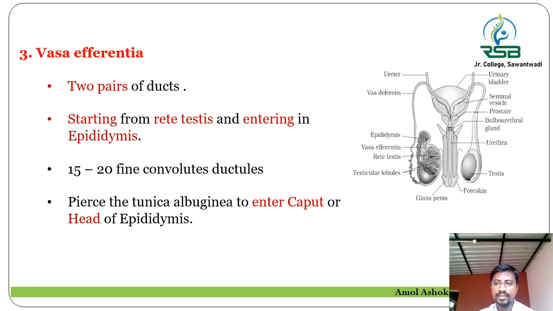Here one testis is there, here another testis is there. From each testis, a pair of ducts arises, starting from the rete testis, and then it enters into the next part, that is the epididymis. It is called the vasa efferentia.